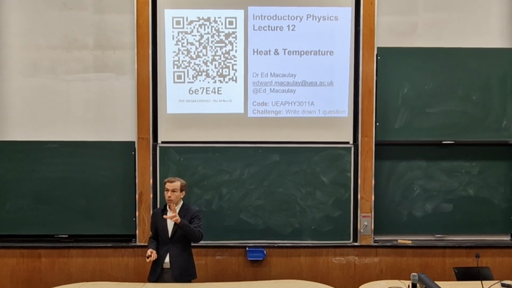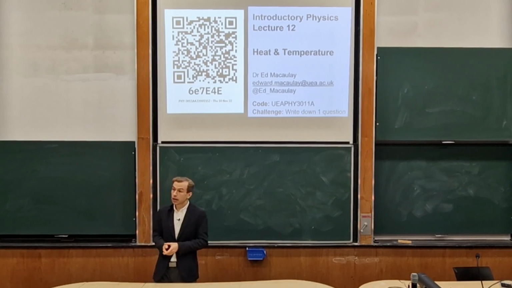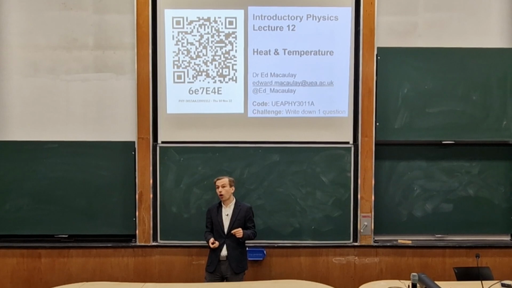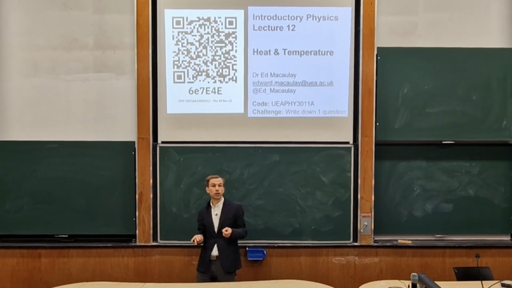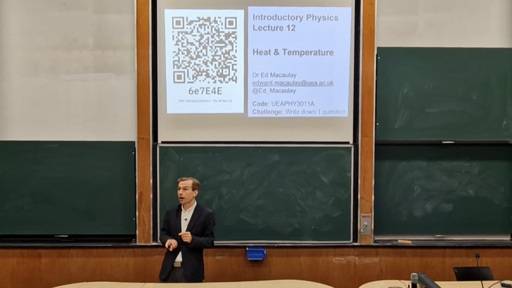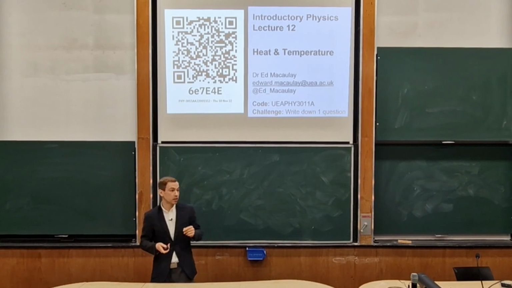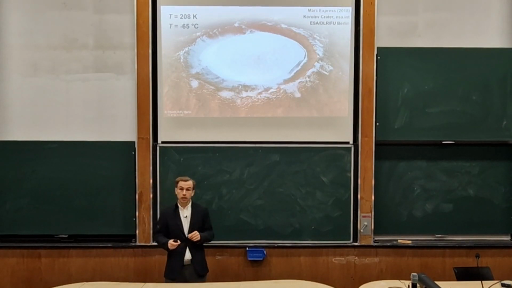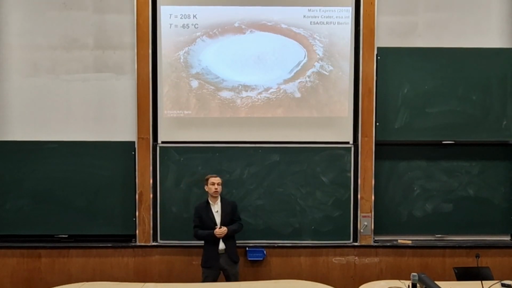Now, I've just got a couple of pictures that I'd like to show you to give you a couple of extreme examples of what can happen when we're thinking about the ranges of temperatures and the ranges of energies that we think about in the solar system. Okay, so I've got this picture over here. This isn't actually a photograph, even though it looks very realistic.